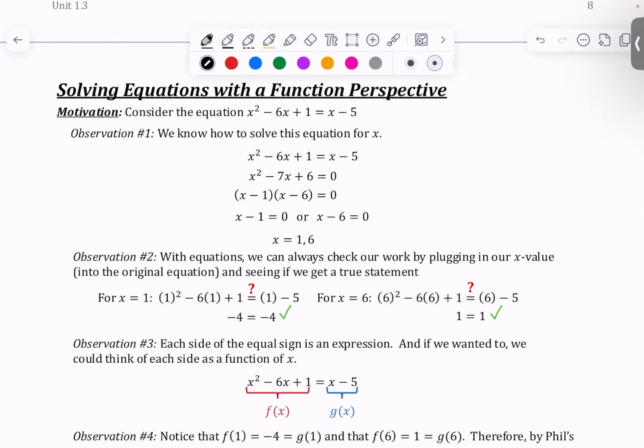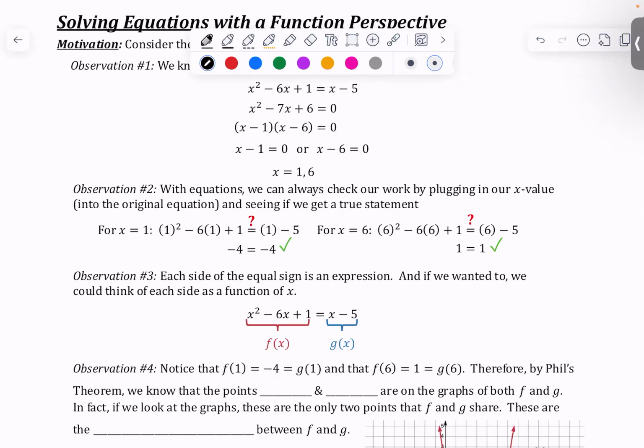The next observation: that's stuff we already knew. Now, each expression by itself, you could make into a function. So I can make the left-hand side f of x equal to x squared minus 6x plus 1, and the right-hand side, g of x, I can write as x minus 5.